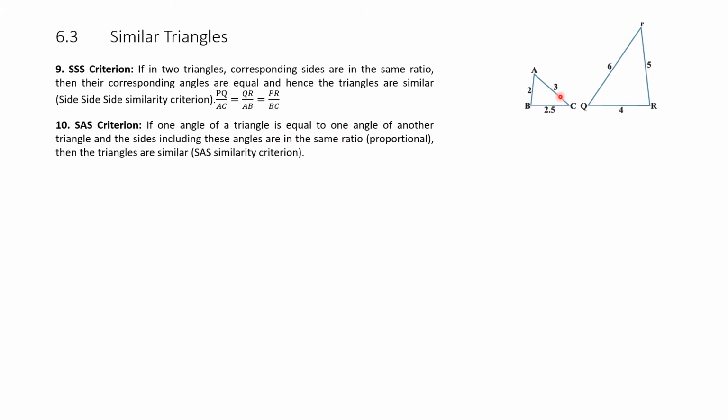That is, say angle C of this triangle is equal to angle Q of this triangle, and the sides including these angles, that is, if we take C here, the sides AC and BC are in the same ratio. The ratio of AC to BC is the same as PQ to QR. Then, with the same ratio, the triangles are similar.